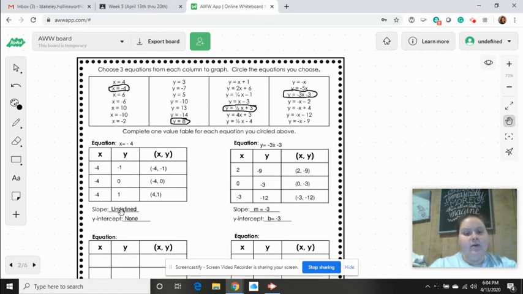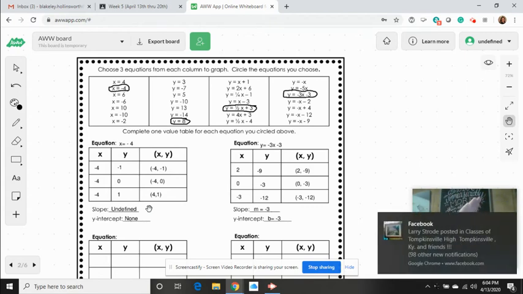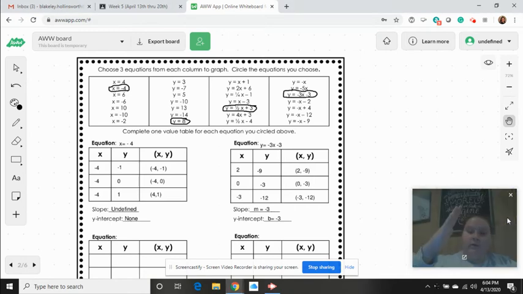The slope here is undefined. Okay, that's because our line x equals -4 is a vertical line. It's going up and down. There's no slope. Remember slope? We had positives.